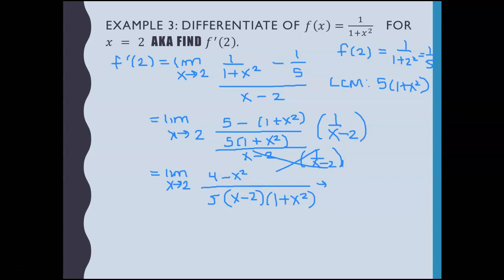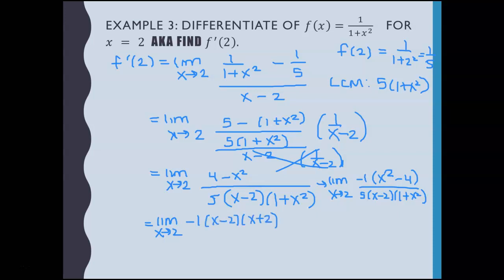So that could be rewritten as negative 1 times x squared minus 4, which gives the limit as x approaches 2 of negative 1, x minus 2, x plus 2, all over 5, x minus 2, 1 plus x squared.